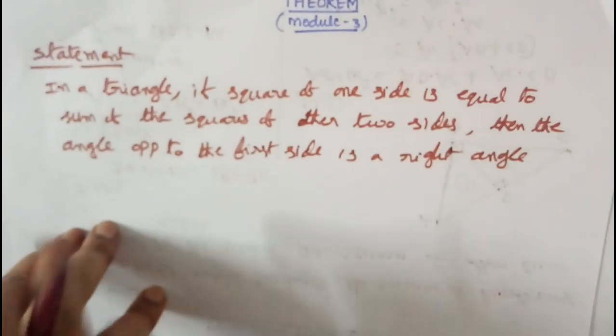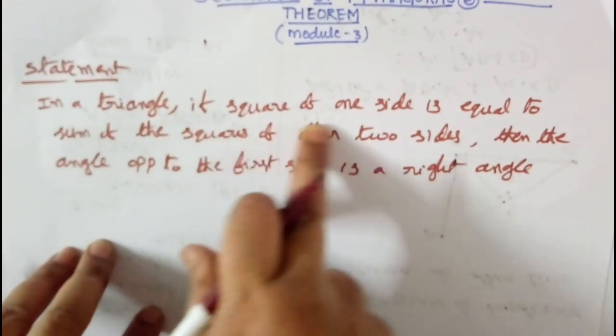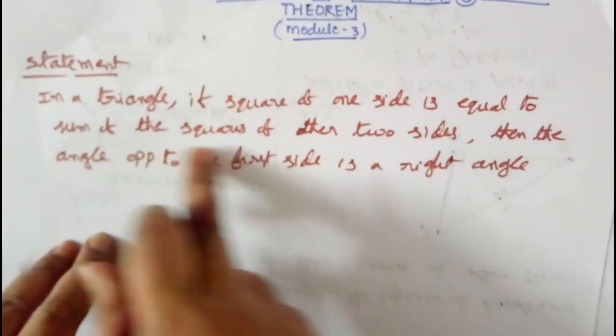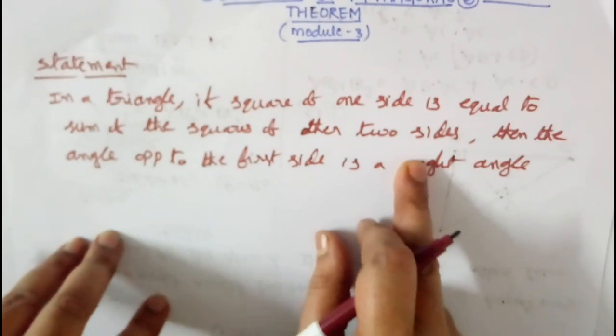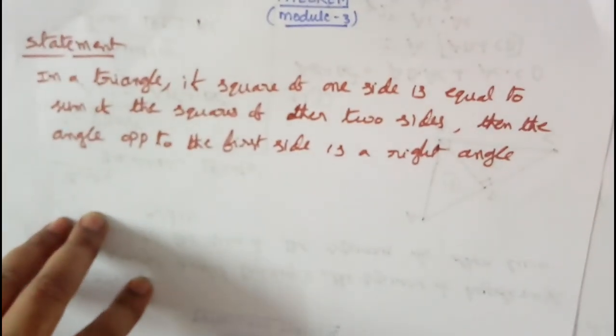So what is the statement? In a triangle, the square of one side is equal to the sum of the squares of the other two sides, then the angle opposite to the first side is a right angle.